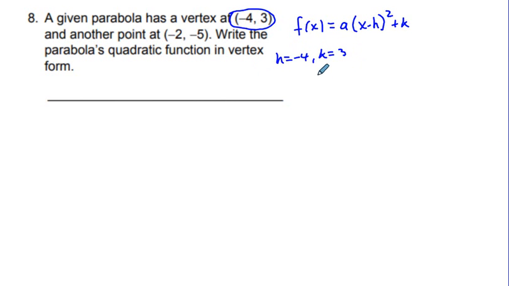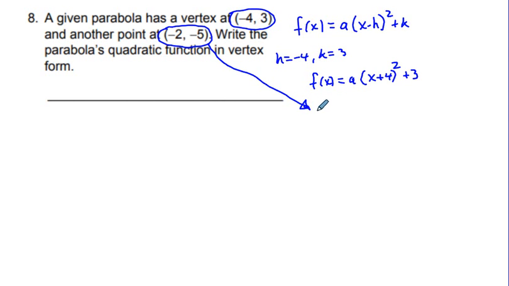So that's going to give us f of x is equal to a times x minus -4, which is going to be x plus 4, squared plus k, which is 3. And now we can use this other point here, -2, -5.